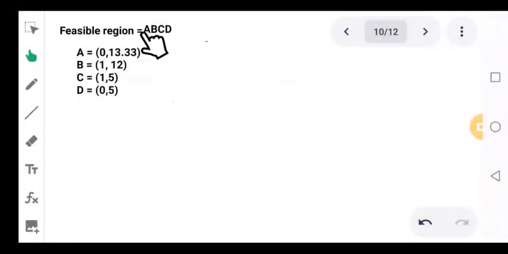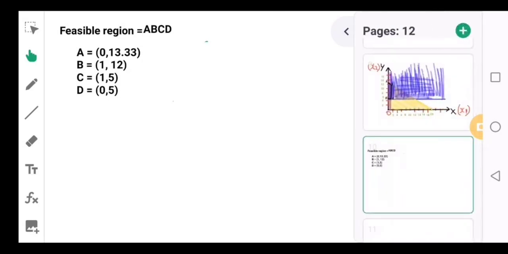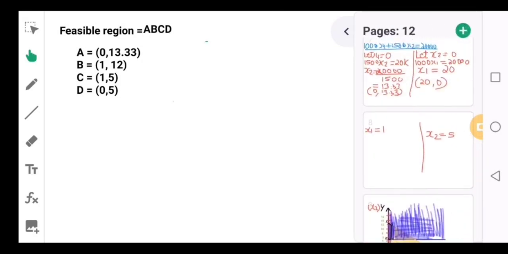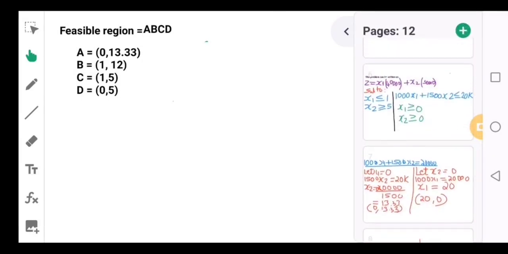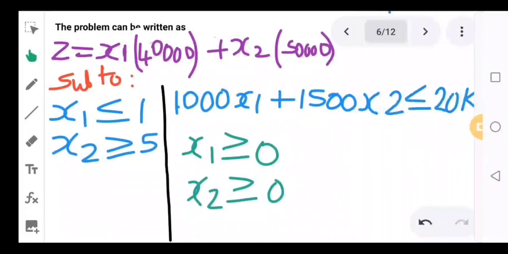So these are the points that I have taken. A, B, C, D are the points of the optimal region. Now we have to find the point which is going to maximize our profit, for which you have to refer to this equation. This equation is that of maximum. Whenever there is a case of maximum, we have to take the value that is going to give us a maximum.